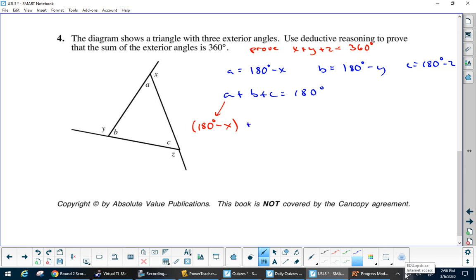Plus, now what does B equal? 180 minus y. I'm just doing substitution because this was all true. So I can substitute, and I can substitute C with 180 minus z, and this should all equal 180 degrees, right?